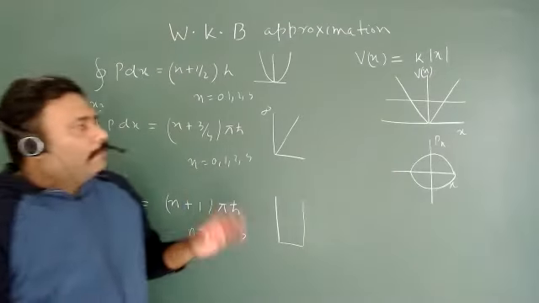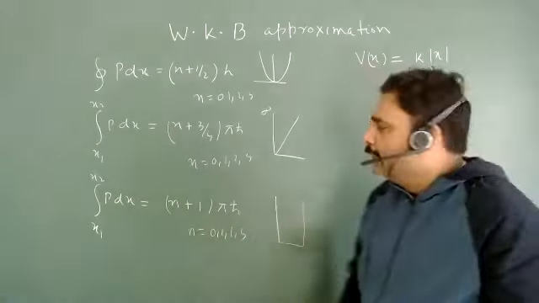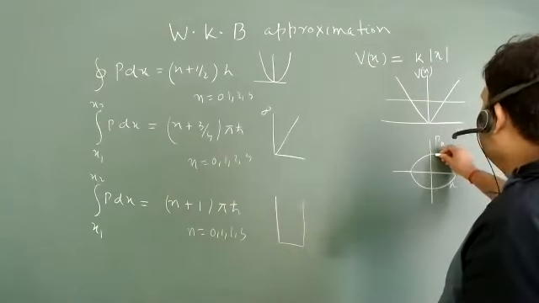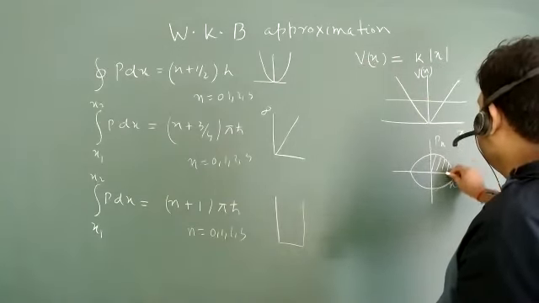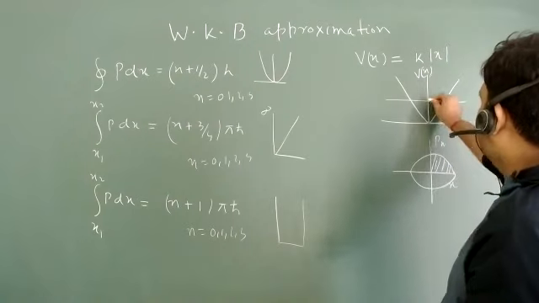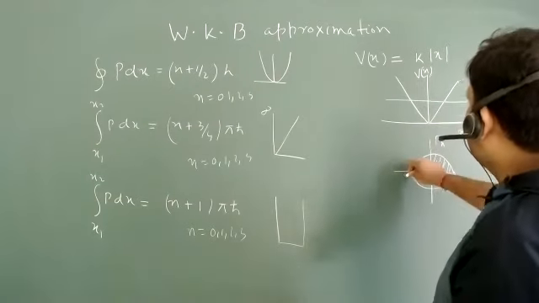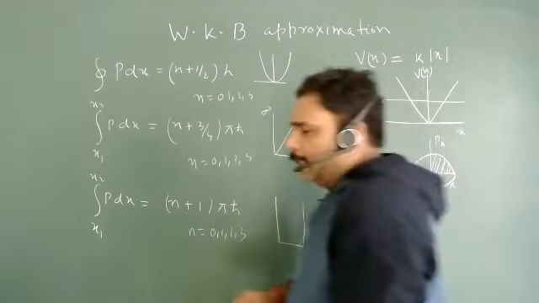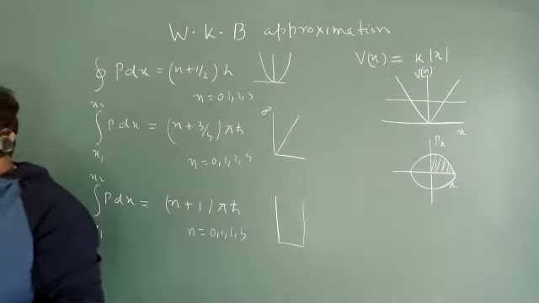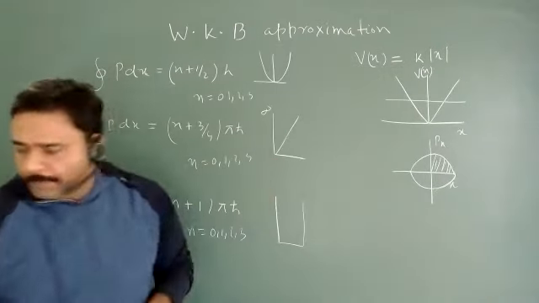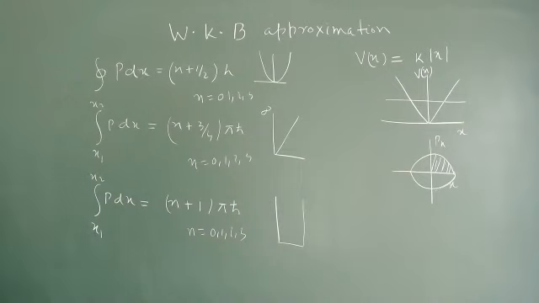So we can use a trick: if we are able to calculate this area, from here to here, and multiply by 4, we can easily calculate the area under the momentum and position curve. So let's go for calculating this particular area.